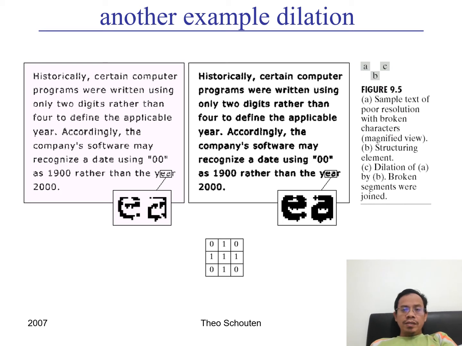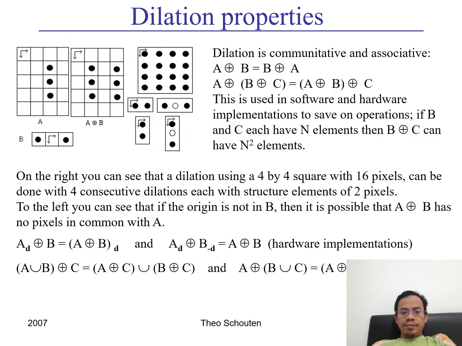So we can perform dilation, then you will get a clear result. It's like you bold all the text. Bold means that you add some pixels to the original image. So this is the function of dilation. Okay, so these are the properties.